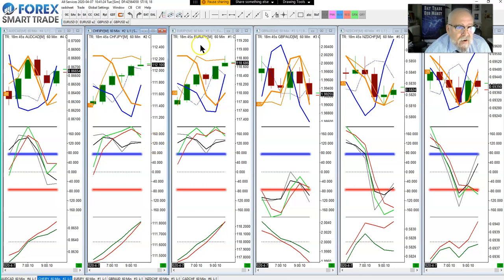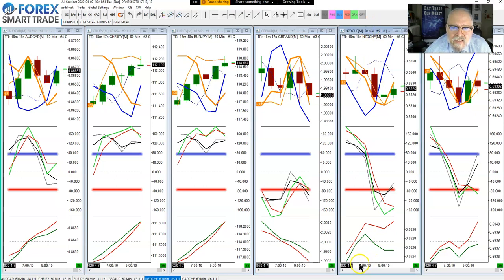So nothing there. The euro yen, overbought, majors pointing down, minors still going up. So nothing there. Oversold and pointing down. They had started to go up and had changed midway, so nothing there.